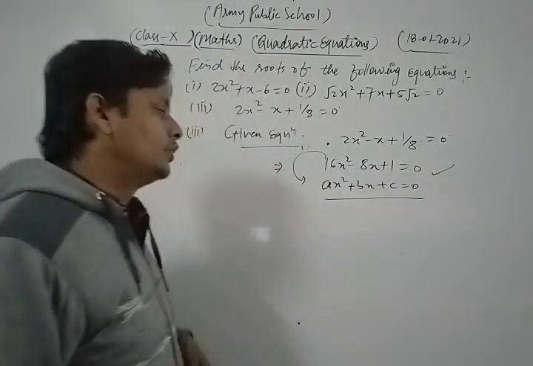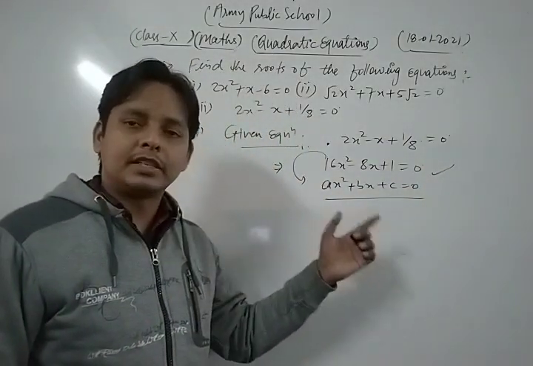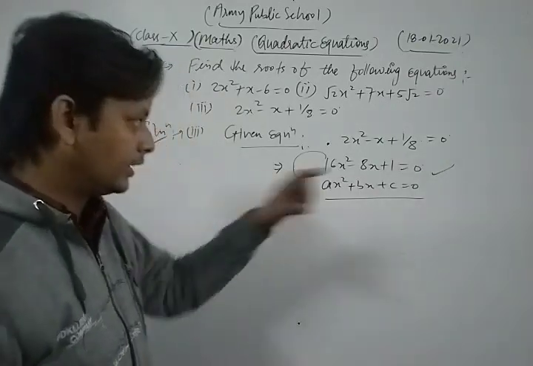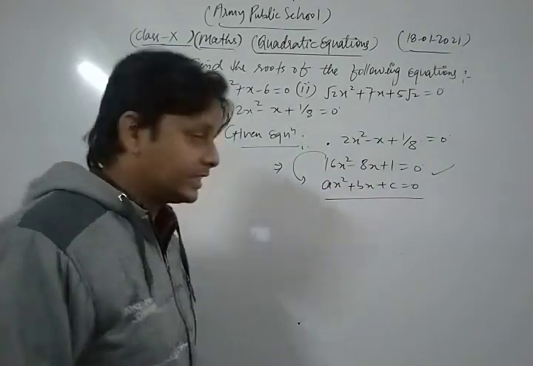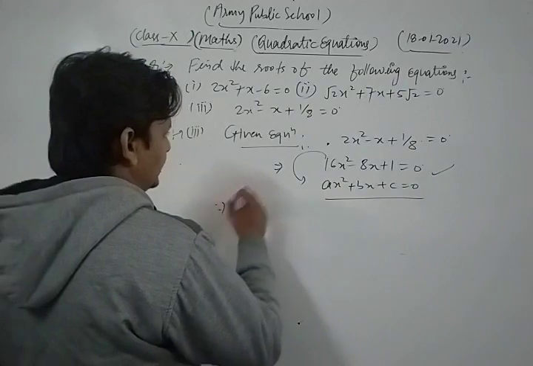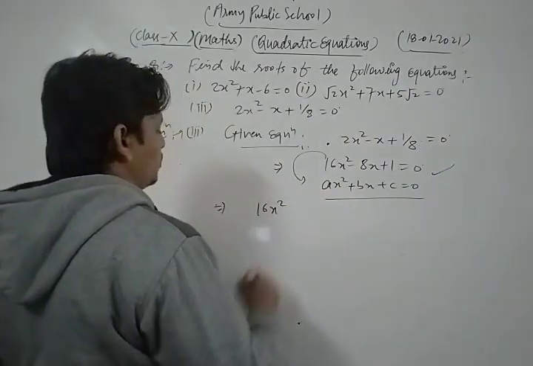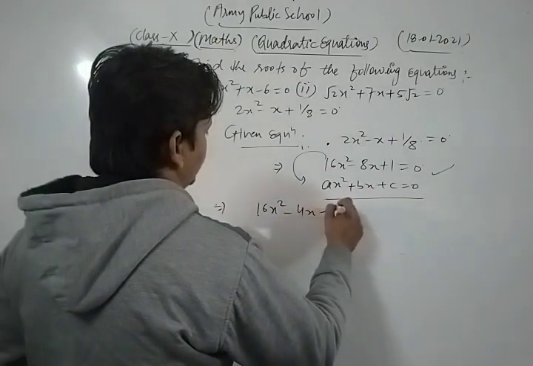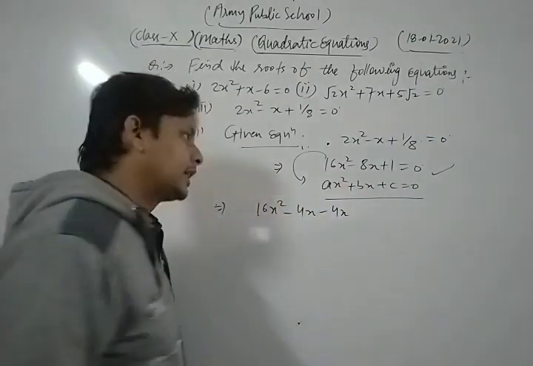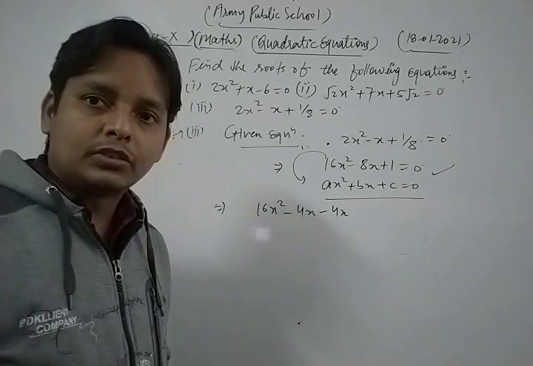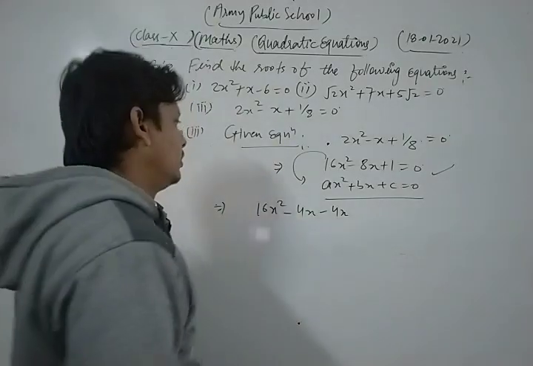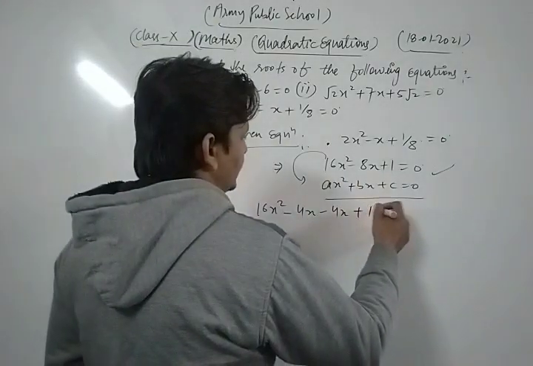Next, we simplify it by splitting the middle term. 1 multiplied by 16 is 16. Now 4 and 4, so we can write 16x square minus 4x minus 4x, plus 1 is equal to 0.